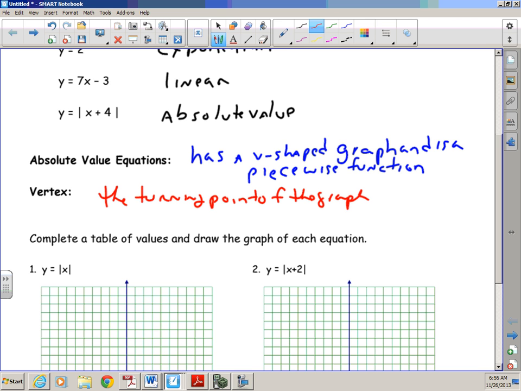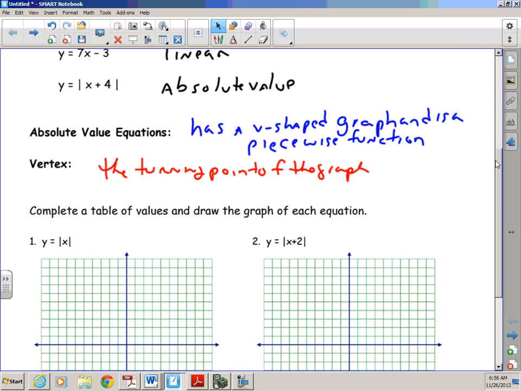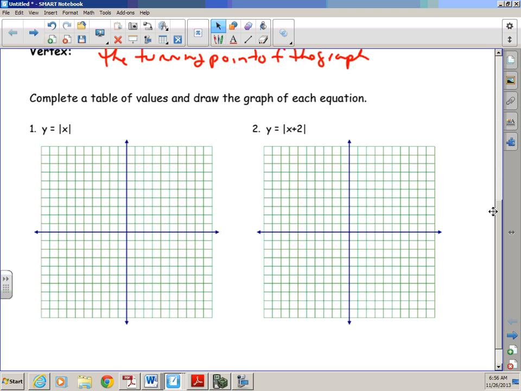Now, to graph absolute value equations, there's no real shortcut like there is in graphing linear equations where you can use the slope and the y-intercept and all of that. So the recommendation is that the simplest thing to do is to use your calculator.